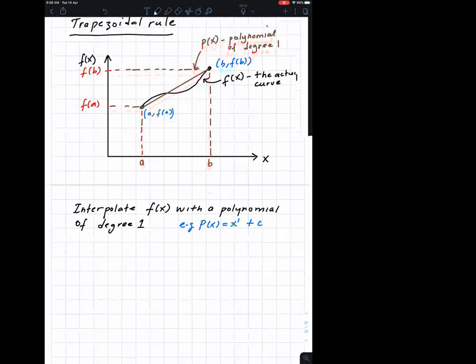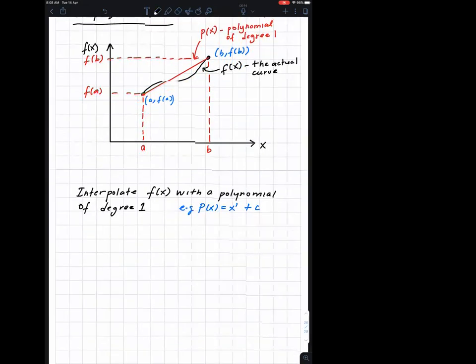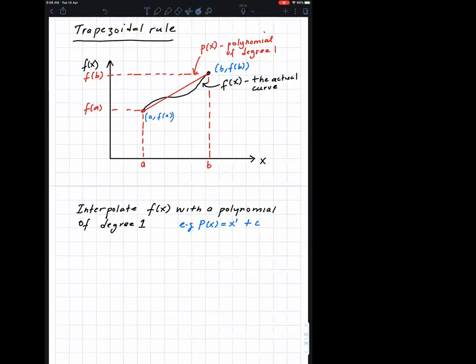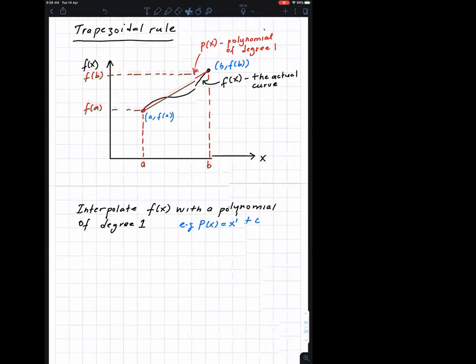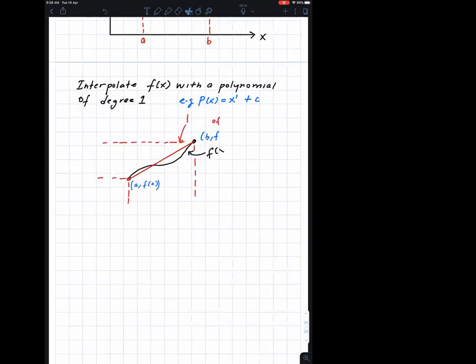Now let's go ahead and write an equation for this straight line. If you have a pen and paper, maybe you should try to write this.